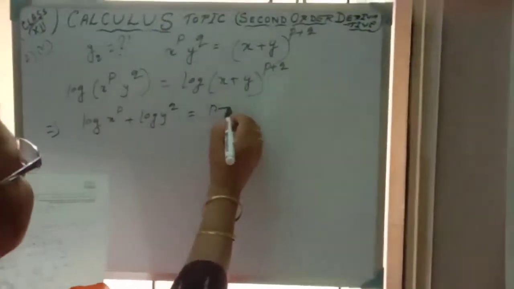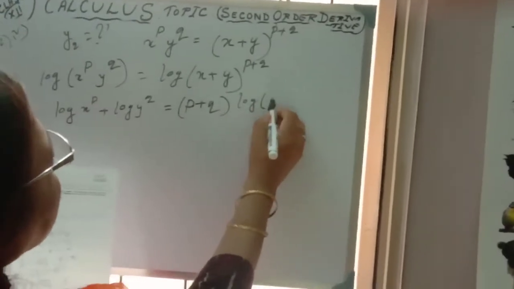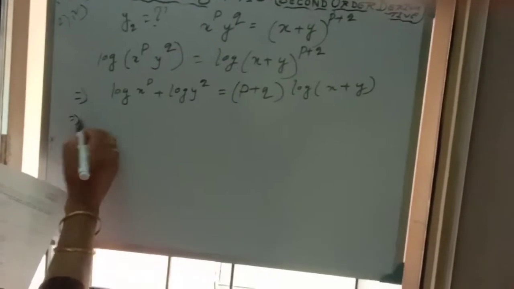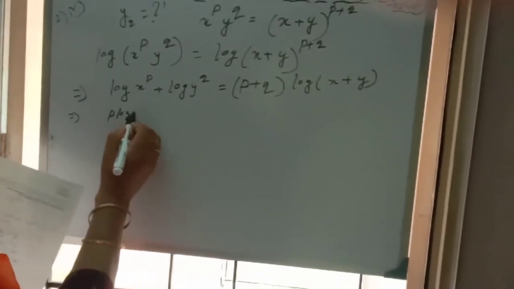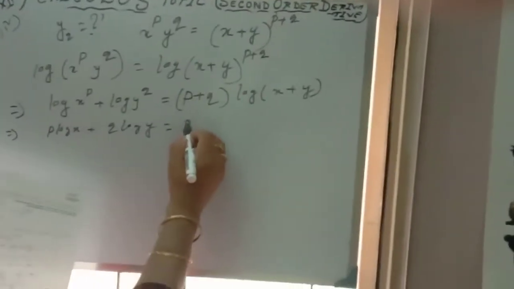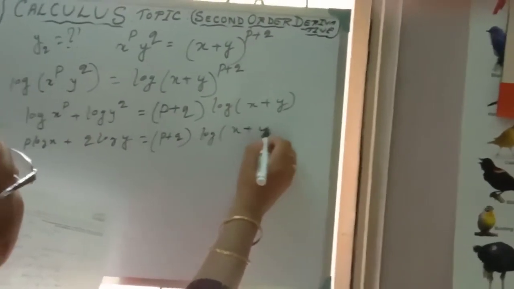So what we will write? p plus q log of x plus y. Here it will be p log x, q log y according to the logarithm rule, p plus q log of x plus y.